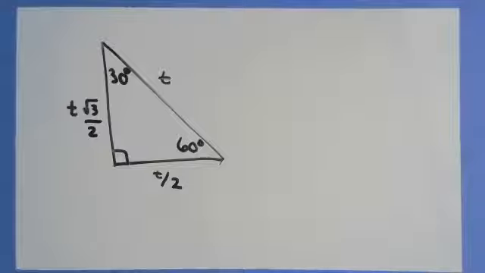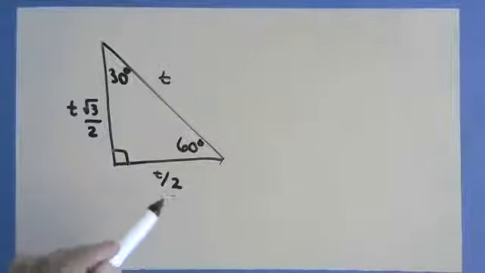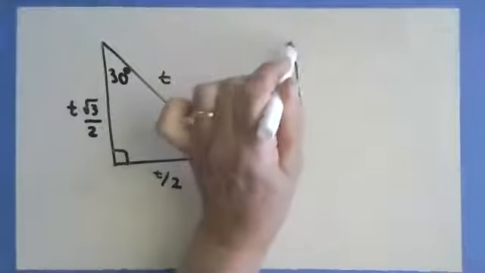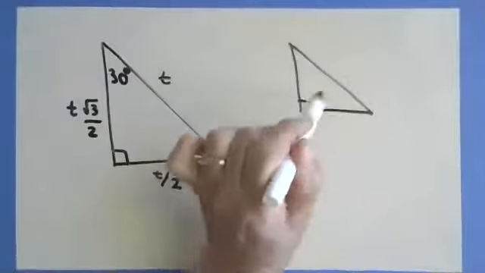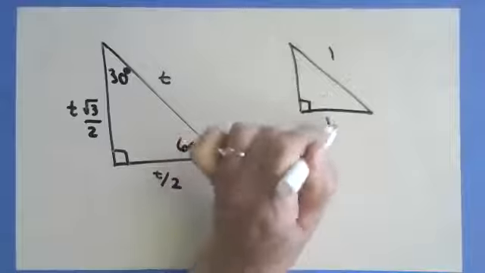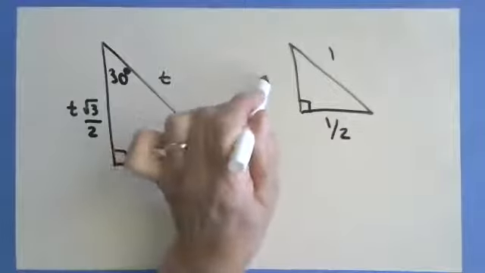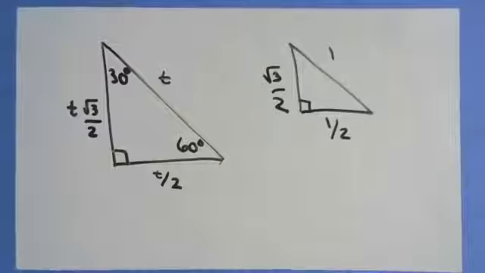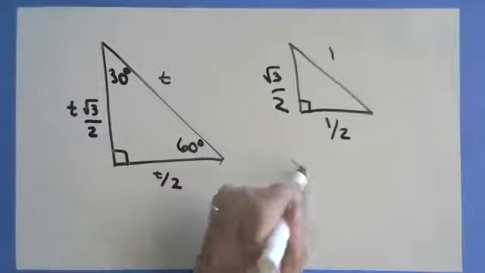I want to show you one other way that this triangle is written down. In particular, the way that the relationships between the sides is written down. We saw that it could be 1, 1/2, and the square root of 3 over 2. People don't always like fractions, so quite often they will play with the idea and get rid of those fractions.